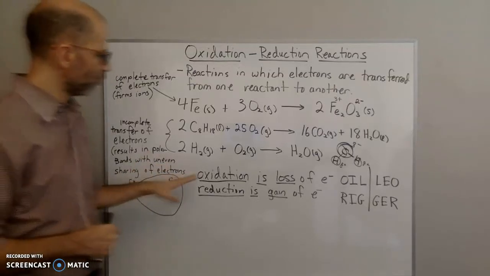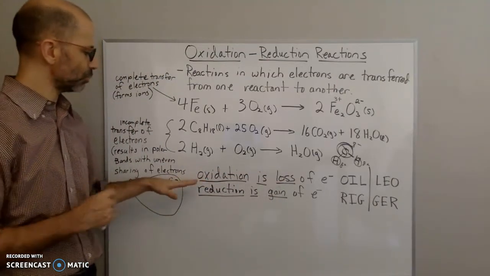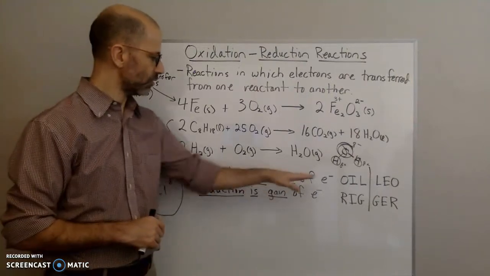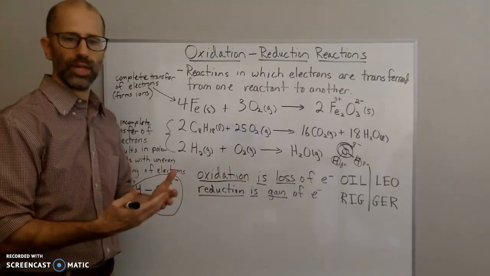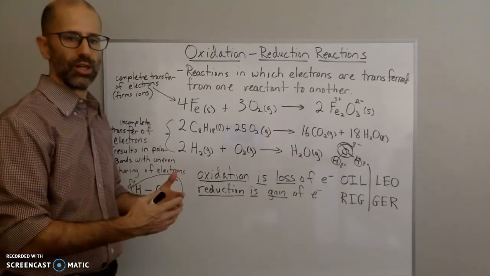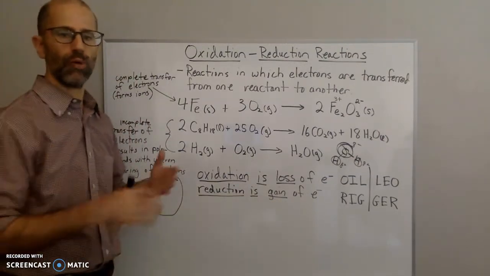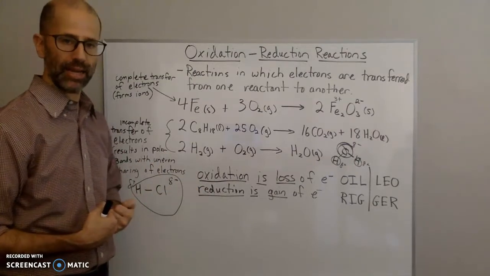Here's a way of remembering the definitions. Oxidation is the loss of electrons. If you lose electrons, you got oxidized. Reduction is gain of electrons. If you are reduced, that means you gain the electrons.